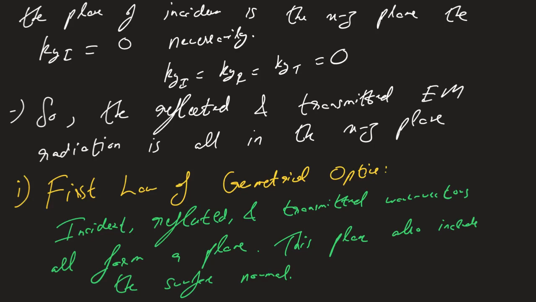Now we can actually take this a step further. Notice that we know that k sub x is equal to k sub tx is equal to k sub rx, right? The x components are all the same.